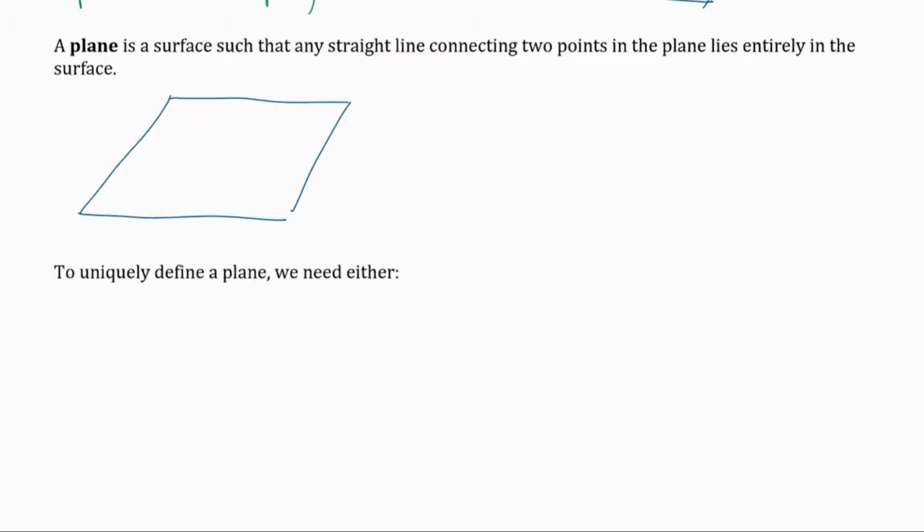And if I have two points and I connect them with a line, that line lies entirely in that surface. What would this look like if it were not a plane? Well, something like this.